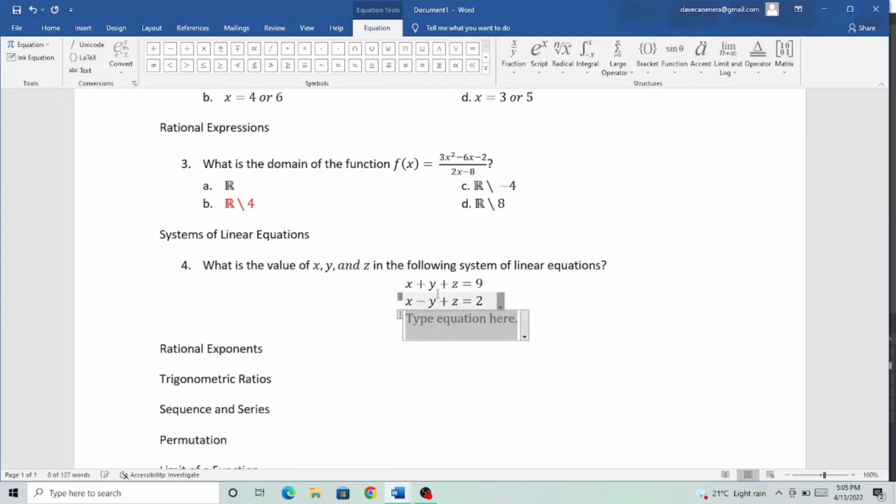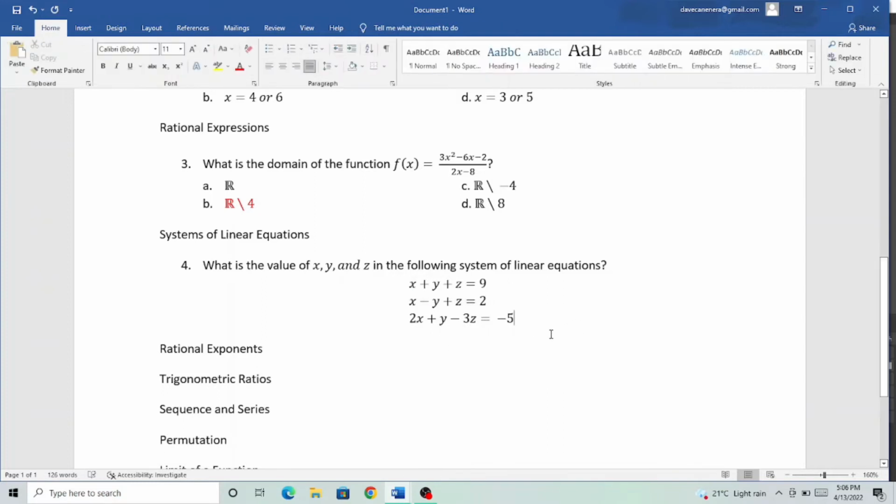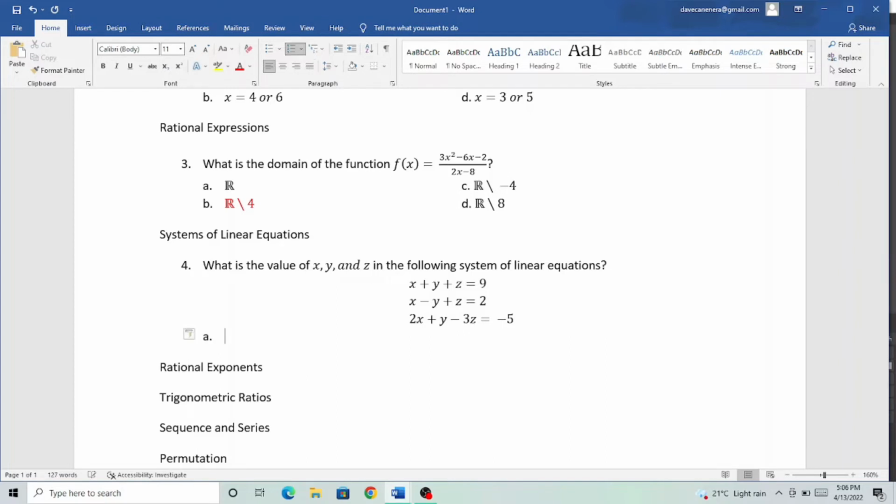And the last one we have here is 2x plus y minus 3z equals negative 5. So by solving this system by elimination method, it is pretty obvious that the answer is x equals 1, y equals 2, and z equals 3.